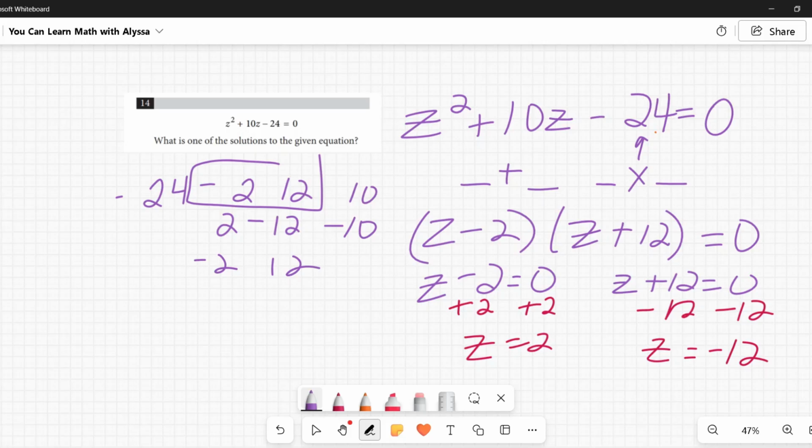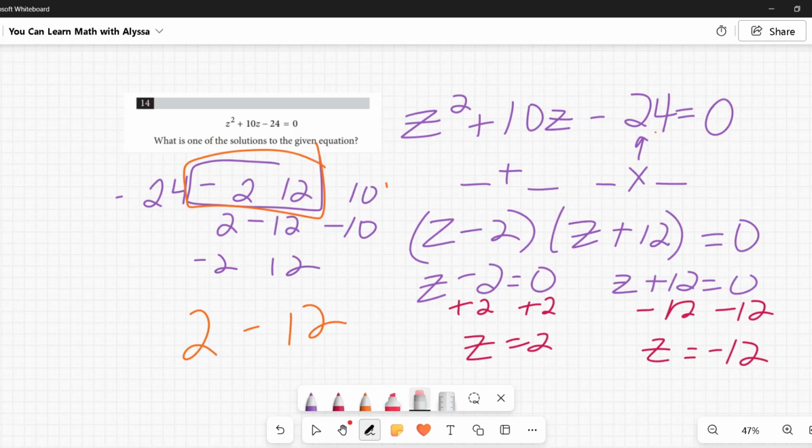I'm just saying, if this applies to you, where you've practiced and you've recognized this pattern and you've got it solid, and you feel like, oh, I don't need to write it down, you may get to just this point and go, okay, -2 and 12 is 10. I know it's going to be the opposite of those, so it's going to be 2 and -12. But you have to have practiced a lot and be very confident to jump to that.